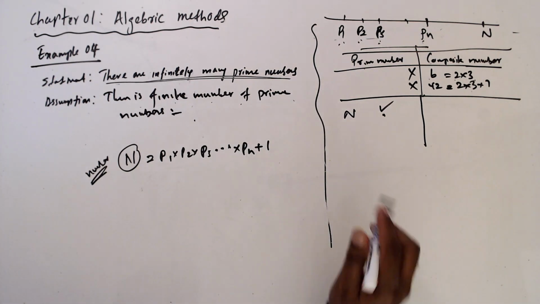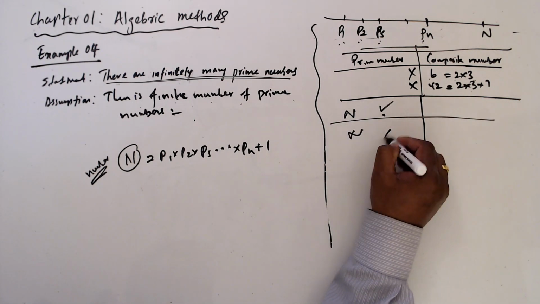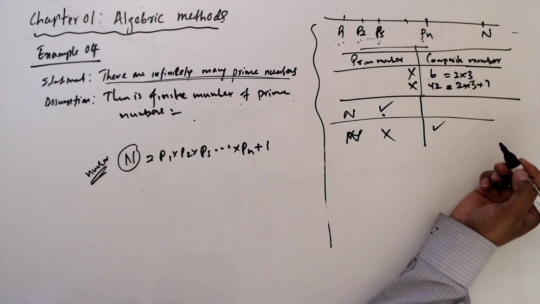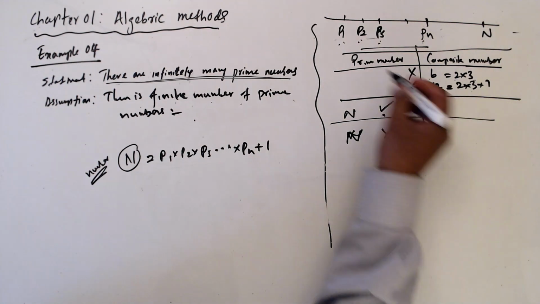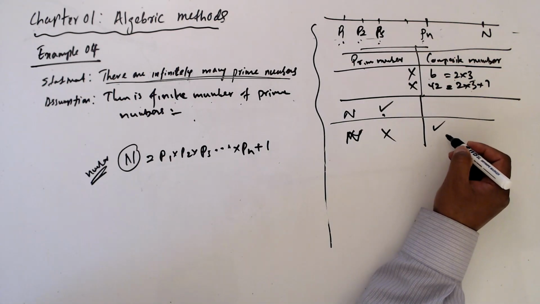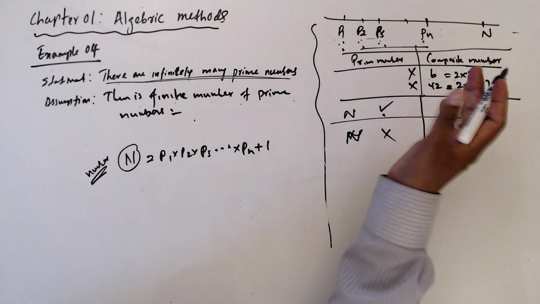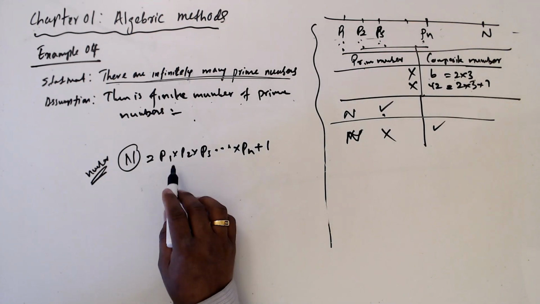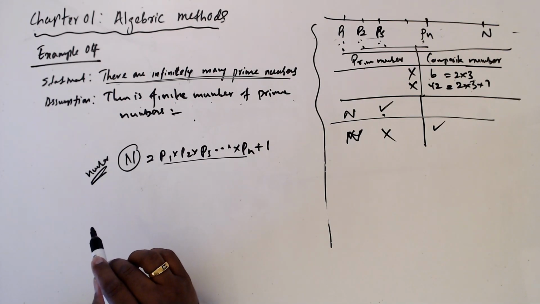Okay, assume now n is not a prime number, then it has to be composite. If it is composite, then P1 has to be a factor, either P1, P2, P3, Pn or any combination. Actually, we know that we made this n by multiplying all the numbers.